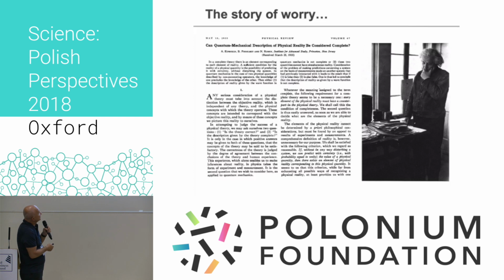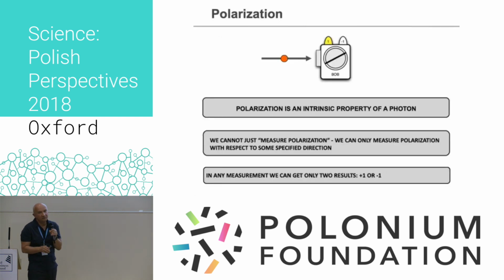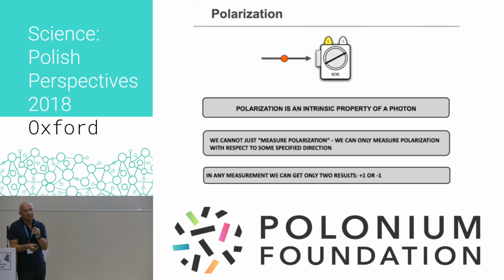And so let me tell you very briefly, not in the Einstein way, since that's a beautiful paper for those of you interested in the history of science, but maybe it's easier to explain a slightly different modern example of what we mean by that and how this lack of reality can be used for cryptographic purposes.